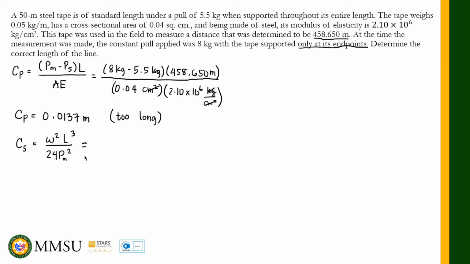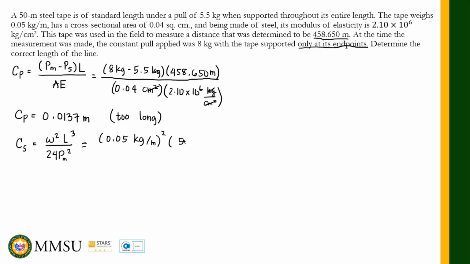The correction due to sag is always too short, so later we will put a negative sign on it. Here, omega is the weight per unit length, which is 0.05 kilogram per meter. We square that, multiplied by the length. We are solving for each tape length, for its unsupported length.